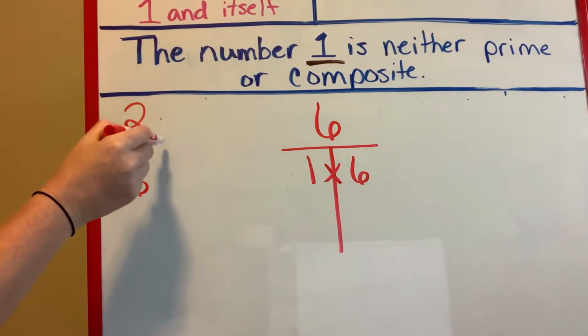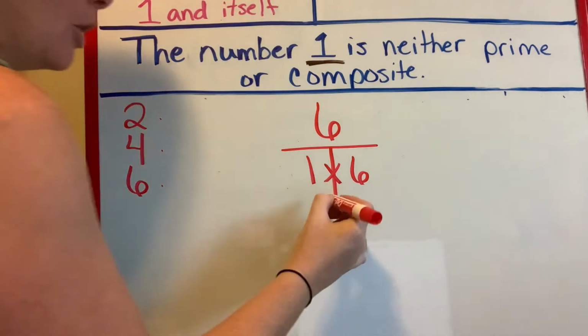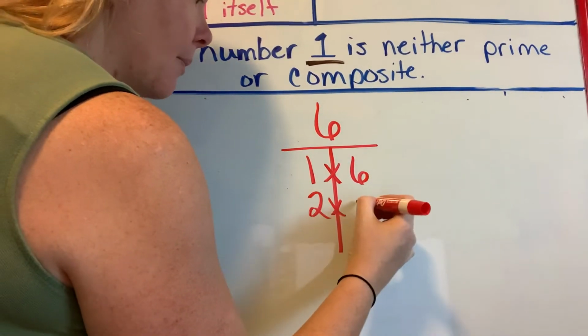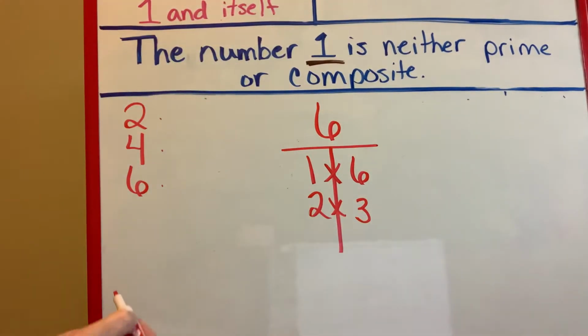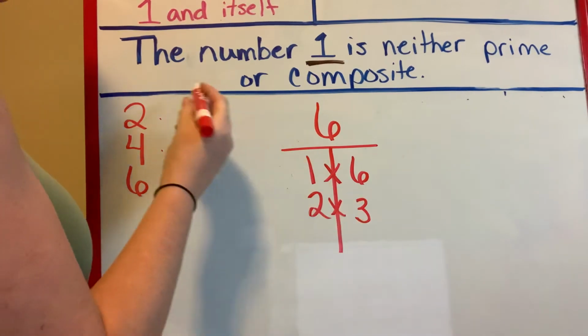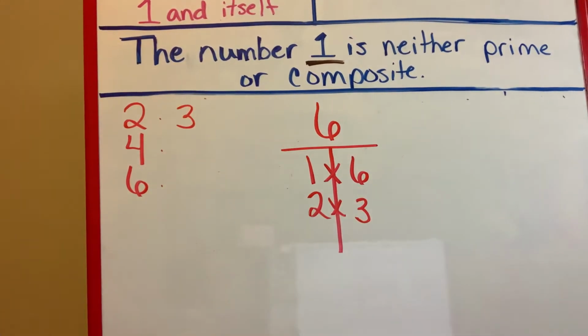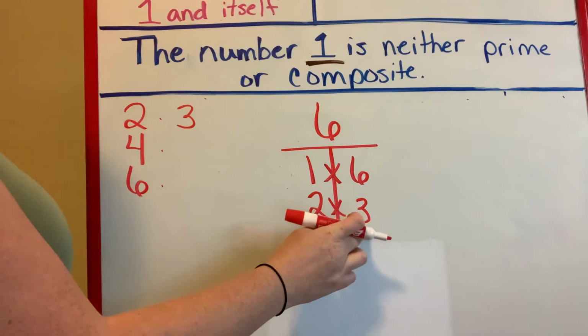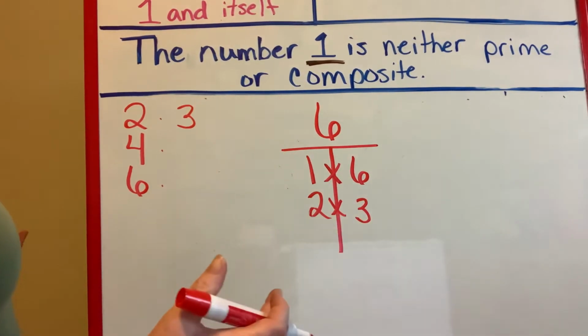We did it 1 time, 2 times, 3 times. 2 times 3. Okay, what number do we test next? Oh yeah, you're right. We don't have to test another number because 2 and 3 are side by side, and 3 would have been the next number that I tested, but because it's already on my paper, I'm done.